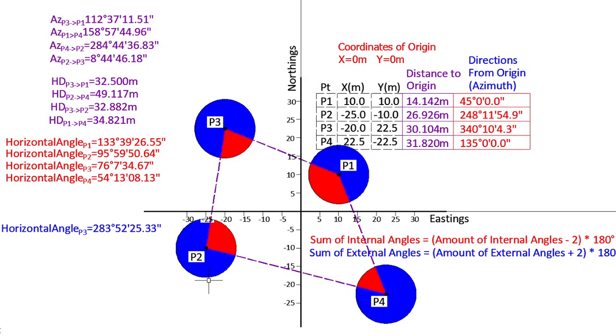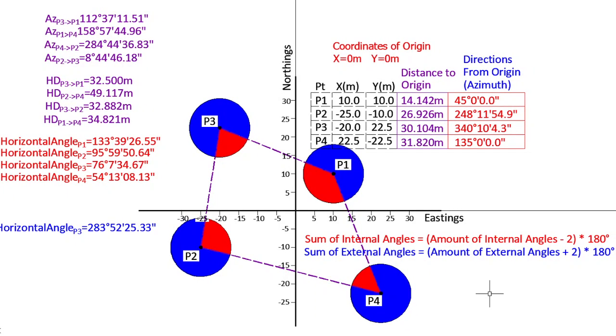Now, how are all the internal angles or external angles related in a closed polygon? We have a theoretical model, which is free of error, hence the name theoretical model. It says that if I sum all the internal angles inside a closed polygon, I just need to input the number of internal angles I have in that closed polygon, apply the formula, and that gives me the sum of the internal angles.